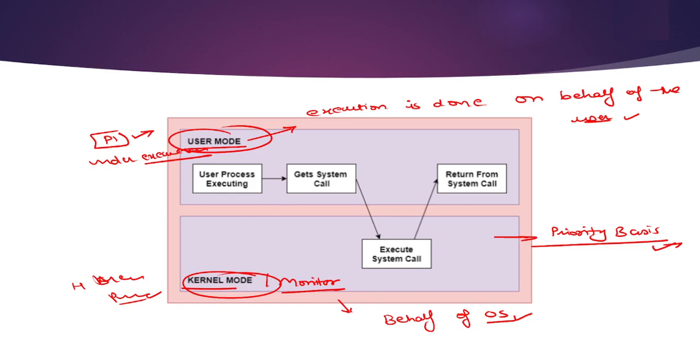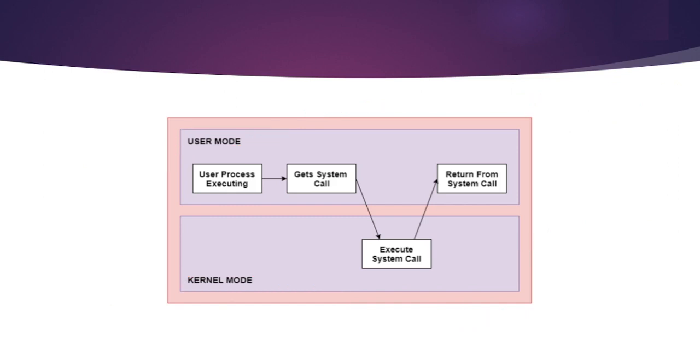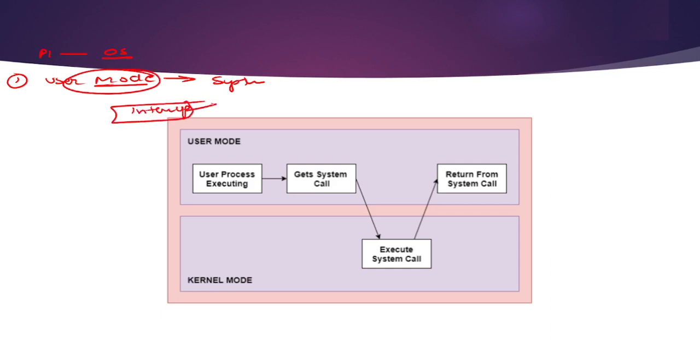Other than this, you should also note some steps here. Whenever we talk about process P1 and the operating system, the process is executed in user mode. Process is always executed in user mode till the time a system call interrupts it. So until a system call comes in between and interrupts a particular process, the process is always executed in user mode.